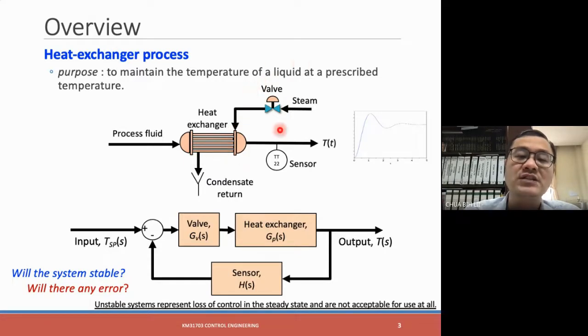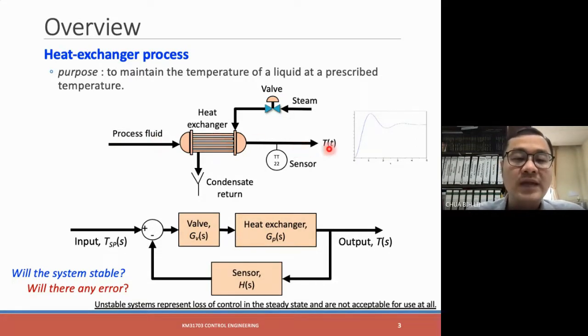So we have this valve to adjust the amount of steam flowing through it, before the steam converts to water and condensate and returns to the boiler or whatever to be heated up to steam again. So this is a typical process in factories to increase the temperature of the fluid.